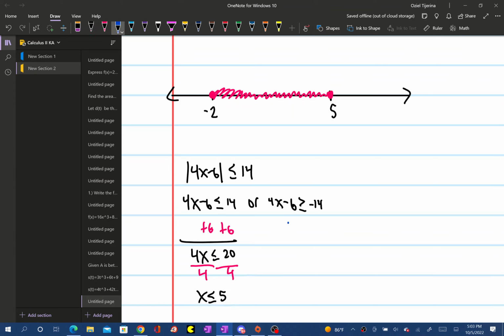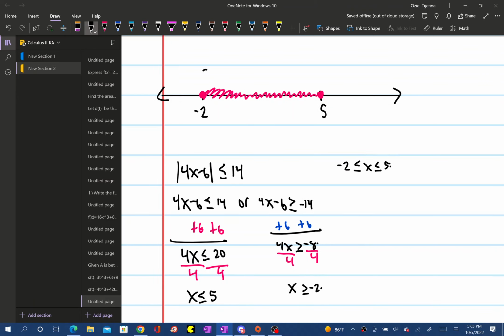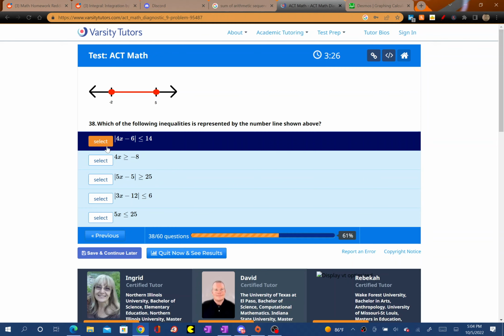Then plus 6 here, we get that 4x is greater than or equal to negative 8, then divide by 4, we get x is greater than or equal to negative 2. So that would be negative 2 less than or equal to x less than or equal to 5, which is exactly what I have here. So it's gonna be the first one.